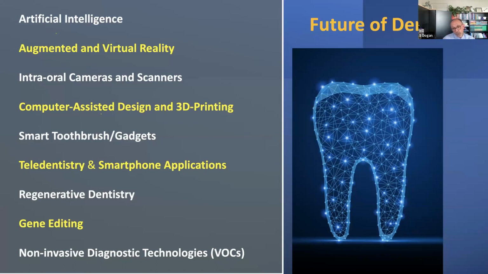One of my research projects outside of this remineralization, I also work with different engineers. We are looking at the volatile organic compounds in the breath, like the gases in the breath, to find the signature of these gases to identify diseases for diagnostic purposes non-invasively.